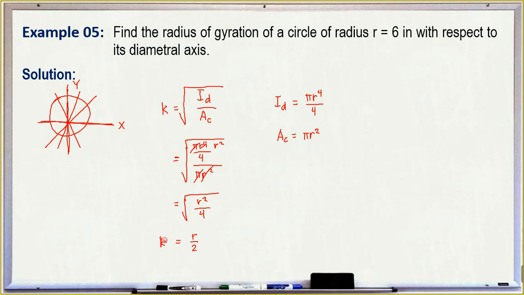Therefore, the radius of gyration of a circle with respect to its diametral axis is just half of its radius. Since our r is equal to 6 inches, we have 6 inches divided by 2, and that is equal to 3 inches.